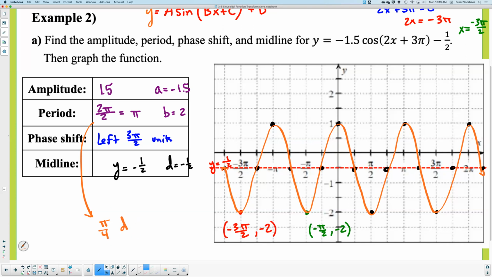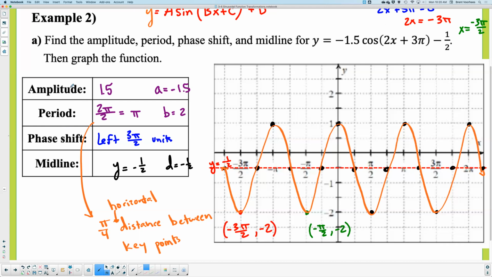I should say horizontal distance between key points. Okay. Questions on that?